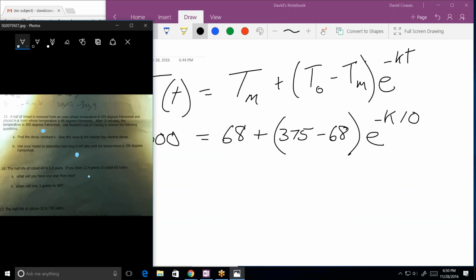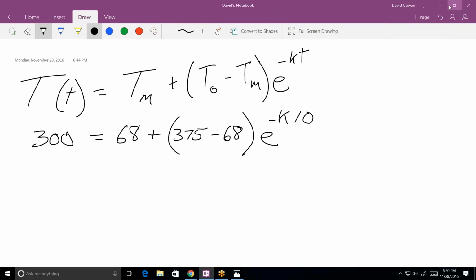So the k that we calculate is going to be based on t being in minutes. Now all we have to do is solve this equation. There's only one variable in this equation, and that's k. And that's what they've asked us to solve for.